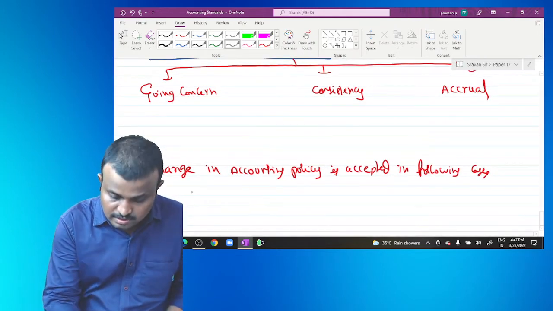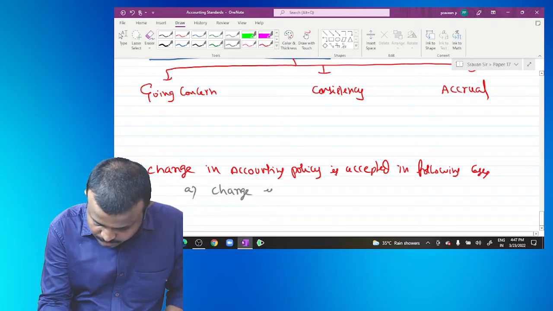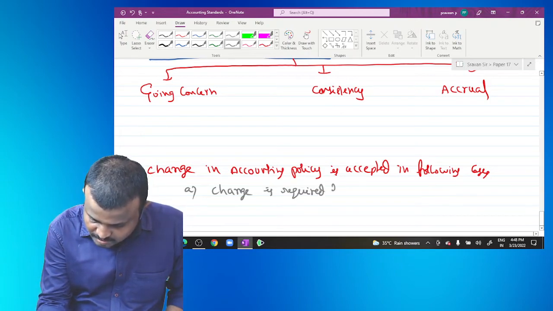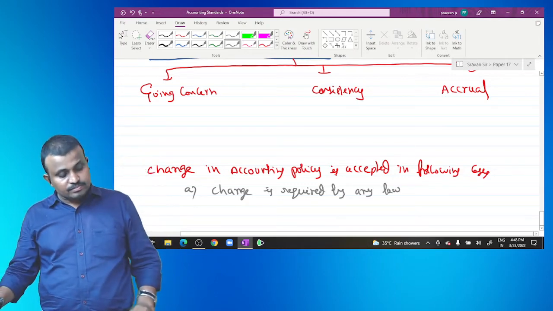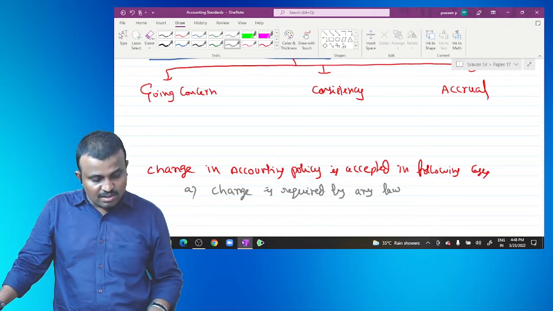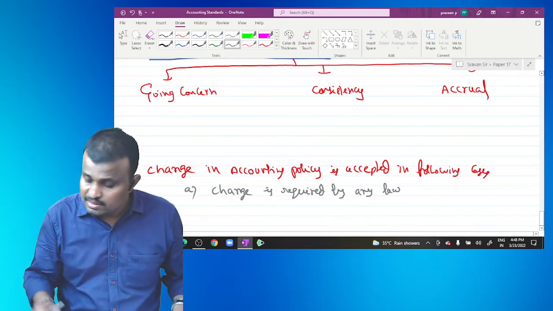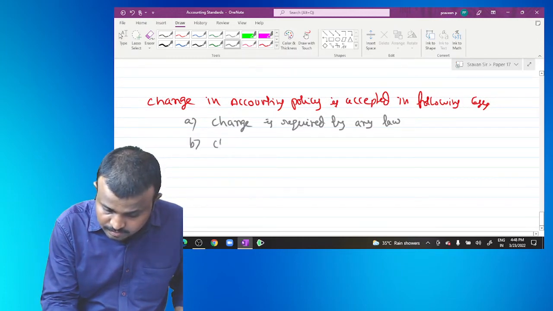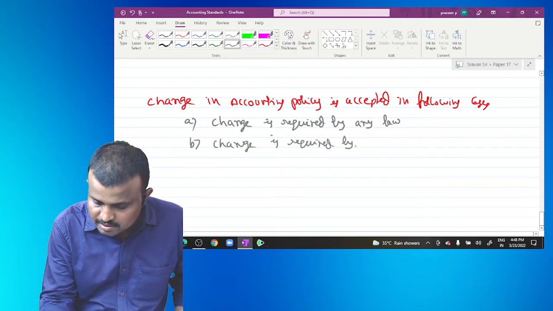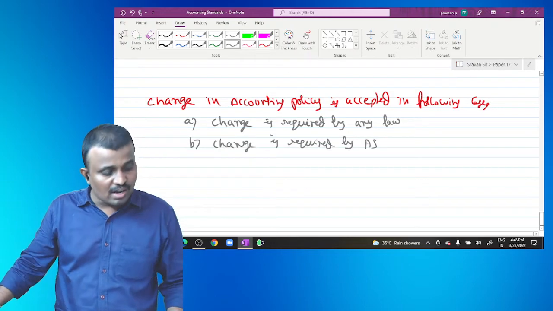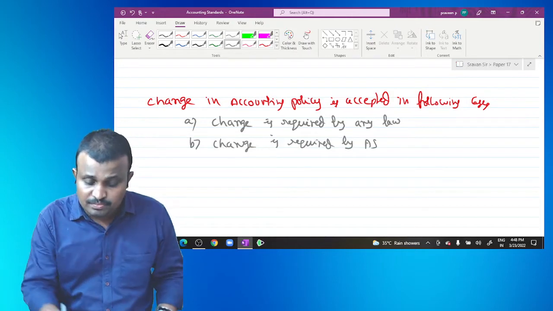The first one is when the change is required by any law for the time being enforced, and the second is when the change is required by accounting standards or ICAI.